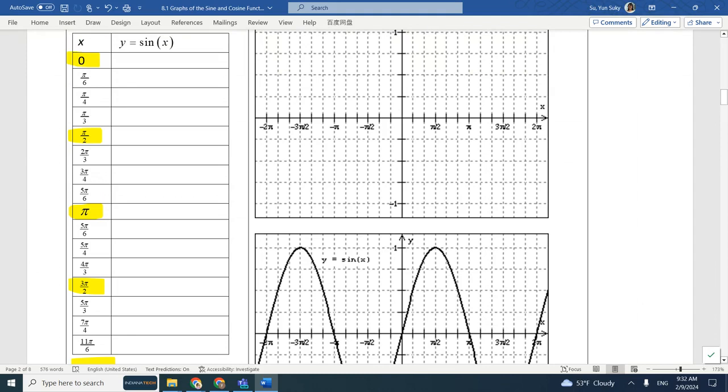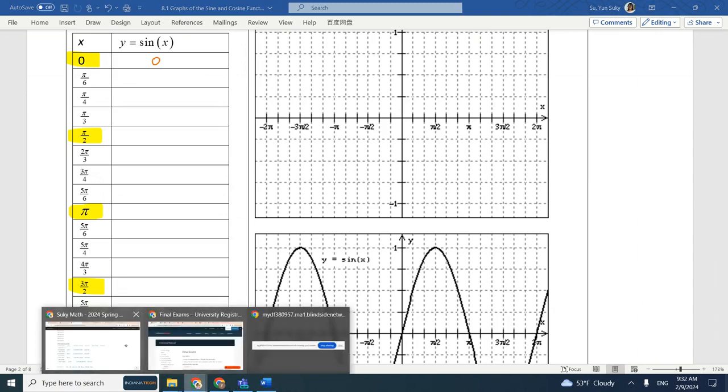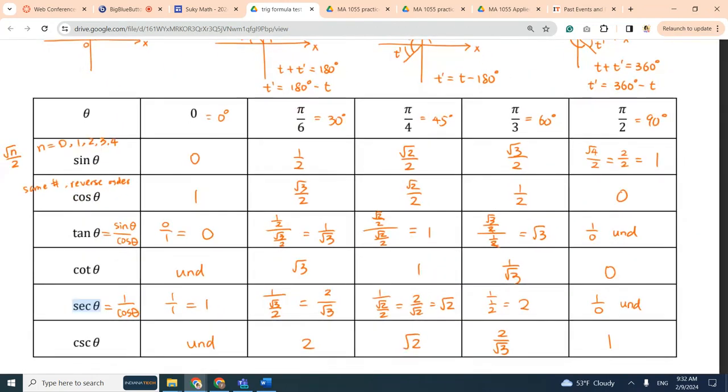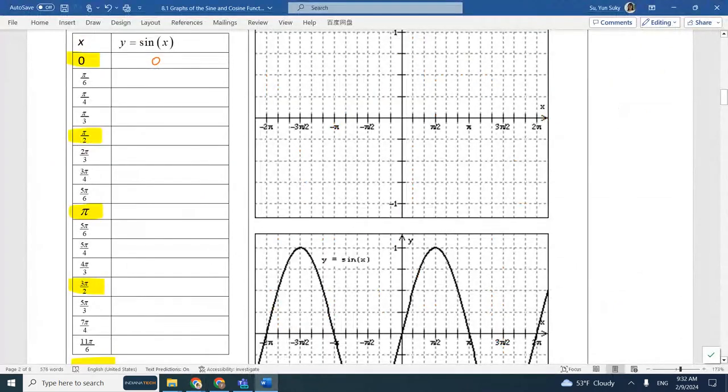What is sine 0? 0. Look at the table, right? You just filled out the table. Sine 0 is 0, right? And sine pi over 2, what is sine pi over 2?